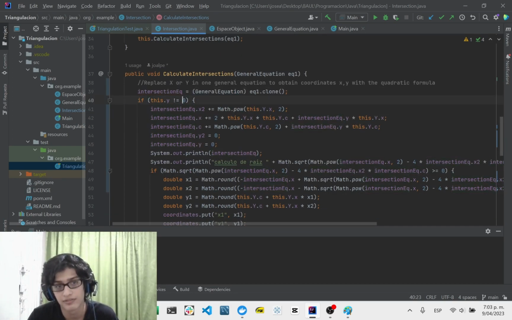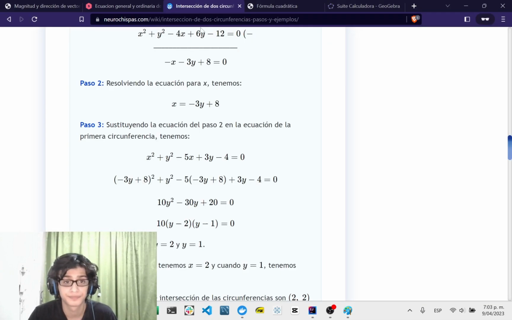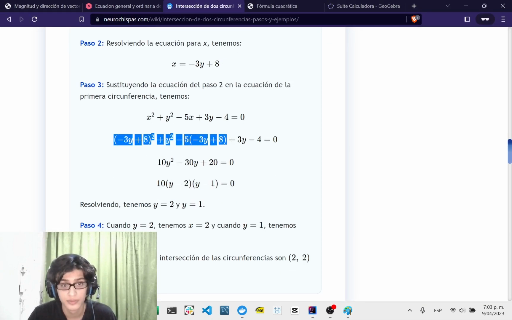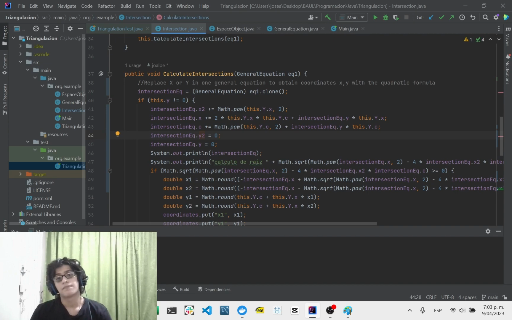If y is different of 0, I do here the replace of y or x. In this case, I only replace y. For example, y raised 2, what am I going to have?